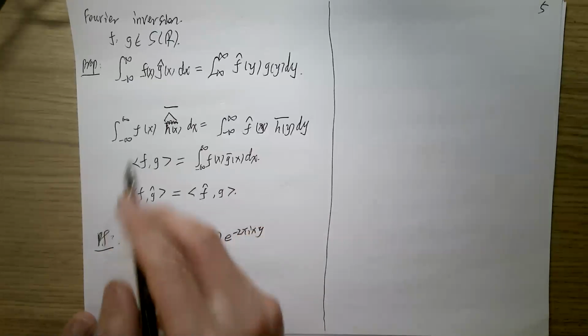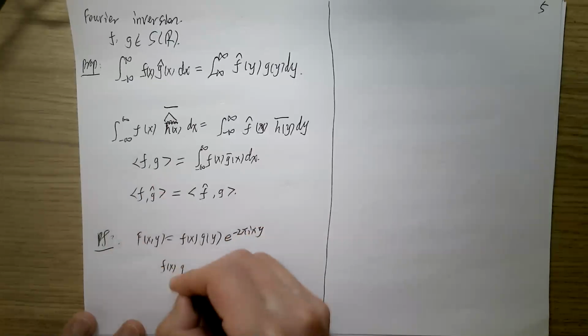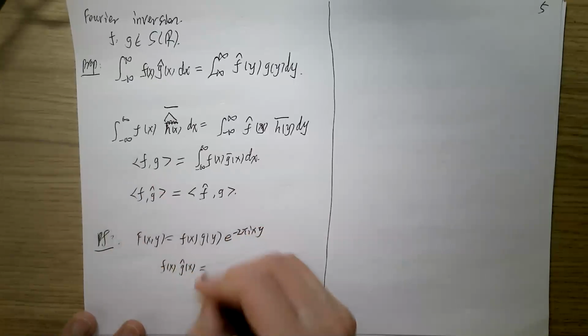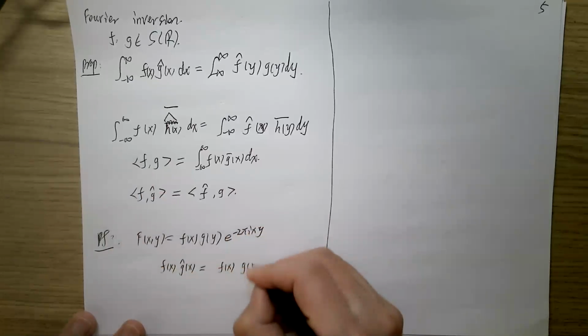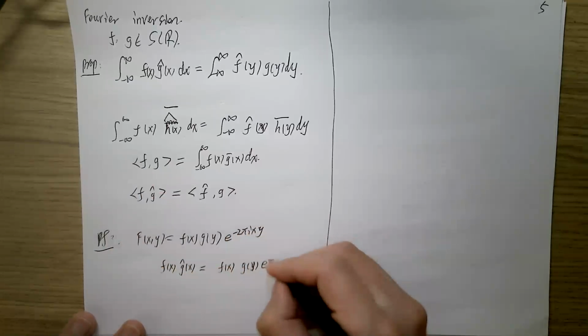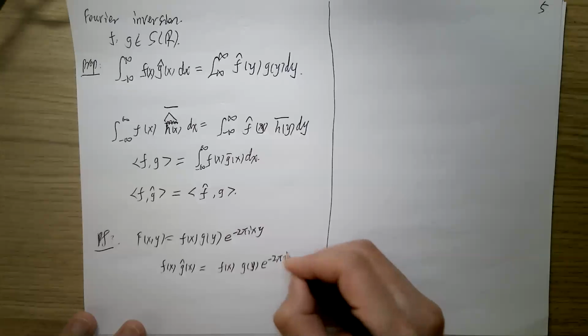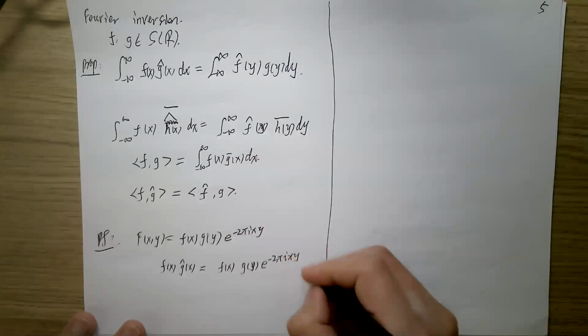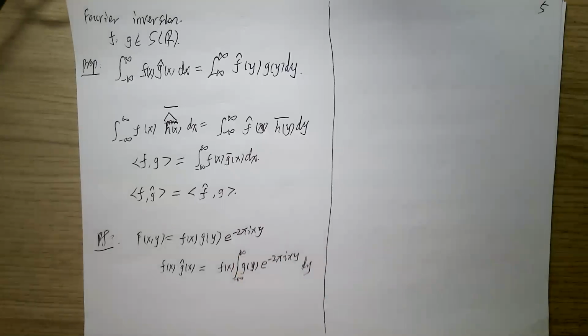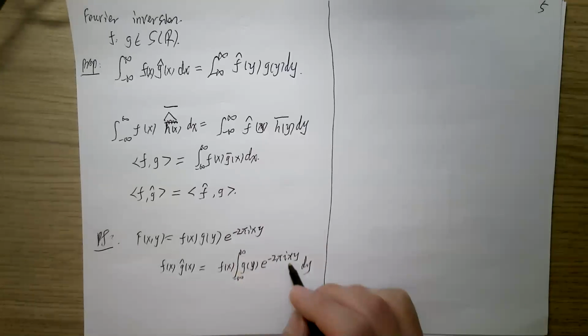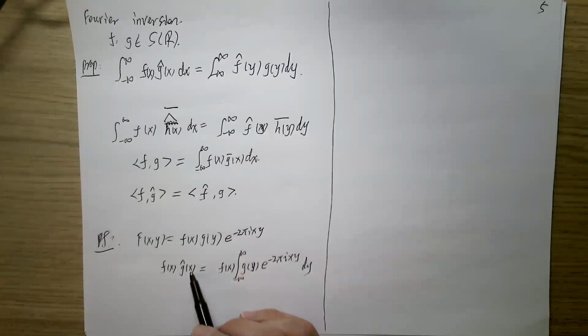And then you will find that this f(x) ĝ(x), you can write it as f(x) times the integral of g(y) e to the power minus 2 pi i x y dy from minus infinity to infinity. The Fourier transform of g, you can write it this way, but here it should be ξ, but you want this variable to be called x, so you want here to be x.